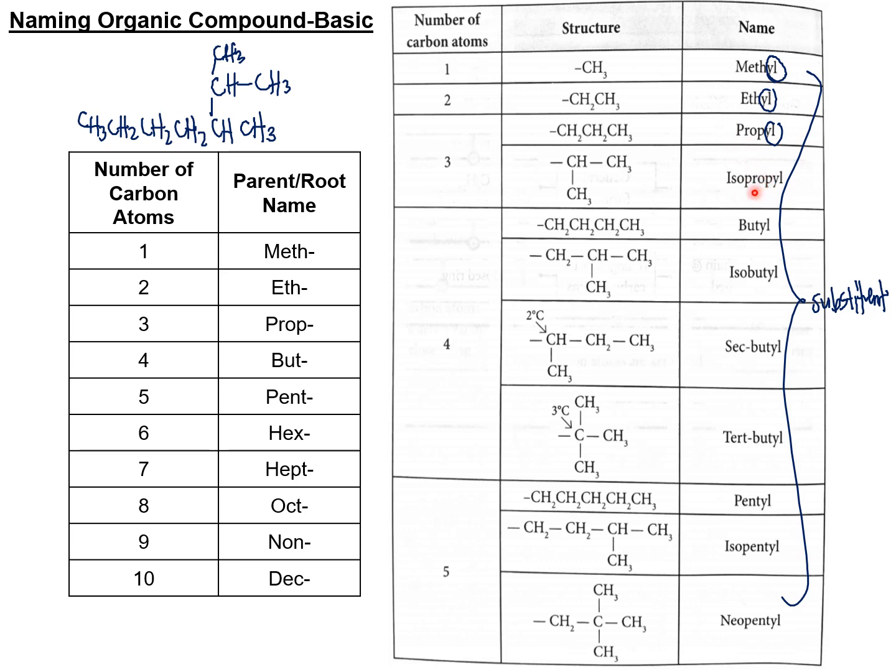Okay, next, butyl is where the substituent has 4 carbons: CH2, CH2, CH2, CH3. So it will be butyl. How about isobutyl?